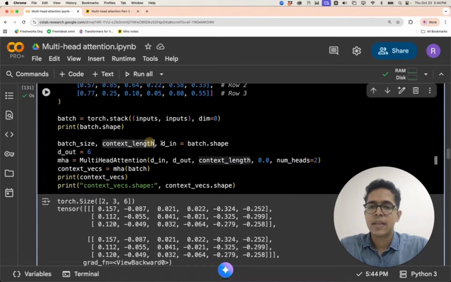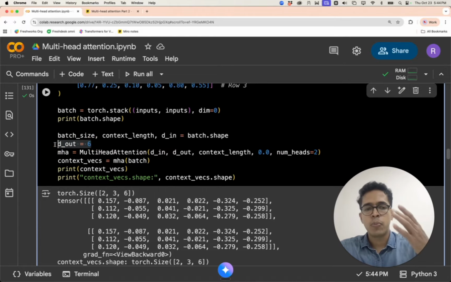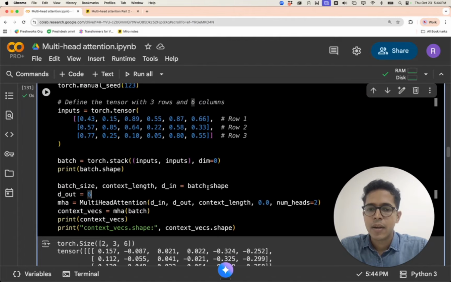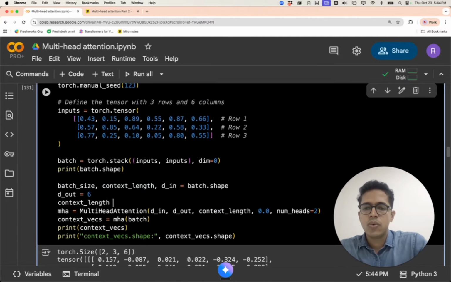Then batch_size, context_length, d_in is simply batch.shape. So the shape of this batch parameter is these 3 numbers. And d_out, we are manually defining. The output dimensionality of my context vector should be 6. I don't want to increase or decrease output dimensionality compared to the input dimensionality. Then mha is the object, an instantiation of this class MultiHeadAttention, into which we are passing d_in, d_out, context_length. Context length, I'm not sure where exactly we are defining, but I can say context_length equal to inputs.shape[0], basically the number of rows in my inputs.